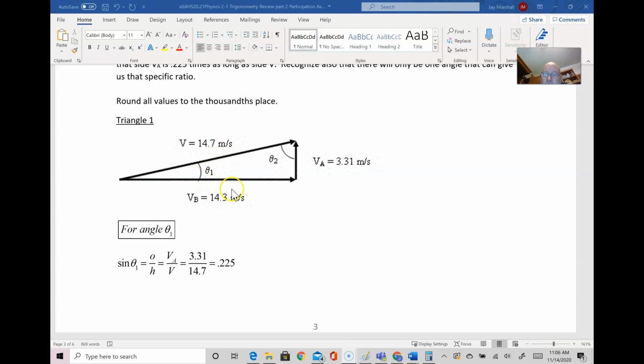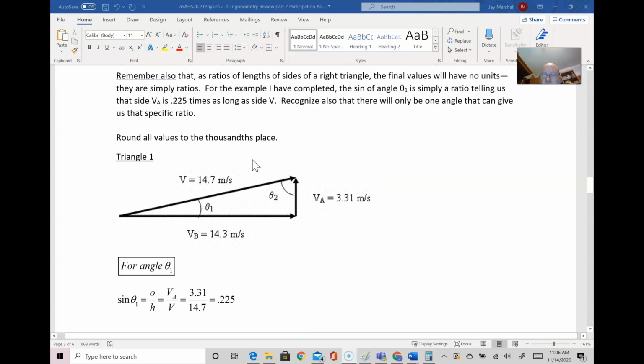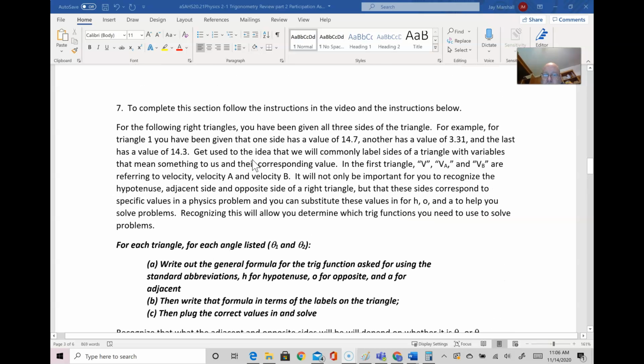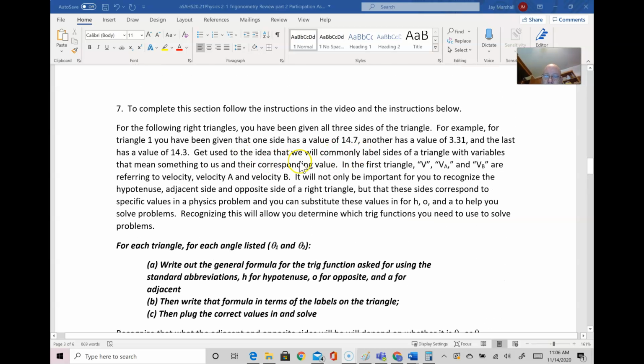Okay, so I'm not trying to get you to do that part of the problem right now. I'm just trying to show what applies to sine, cosine, and tangent here. In all of our situations, we'll label the sides of the triangles with variables that mean something to us and their corresponding value. So I've labeled V, VA, and VB.